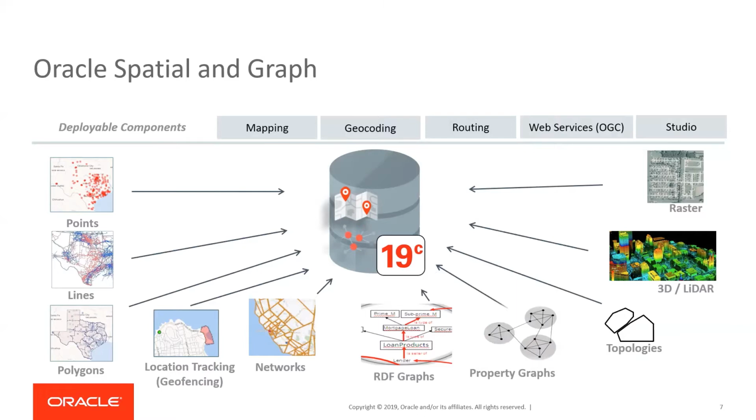We have georaster, 3D LiDAR. On the spatial graph side, we offer 3D graphs, property graphs. They've been out for a long time as well. On the top, you see the deployable components that you get with the Spatial and Graph option. So we have a spatial map visualization component, geocoding, routing, web services, and you see Studio joins the deployable components at the top there as well.